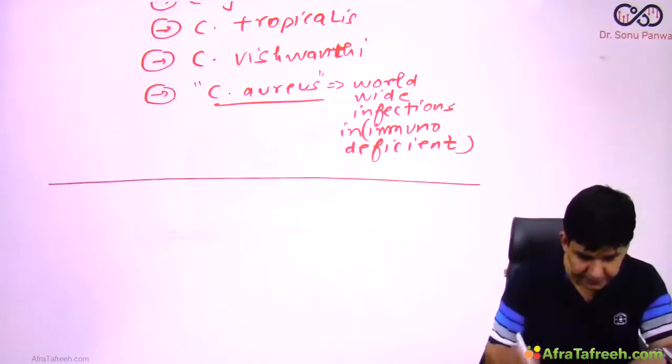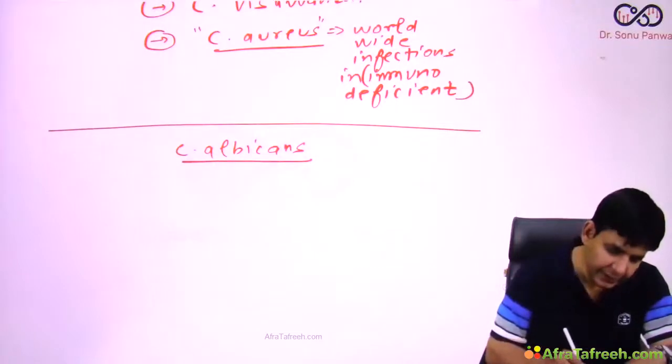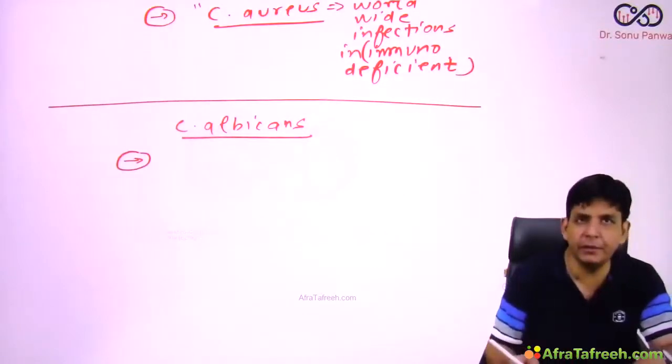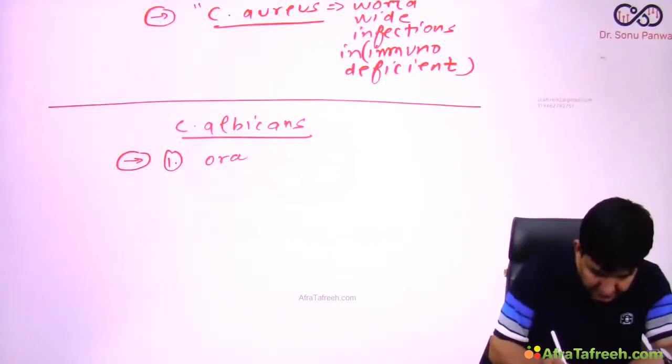Okay. Now, coming back to the Candida albicans. Candida albicans, you need to remember, leads to a number of ailments. Like, it leads to oral thrush. Okay.